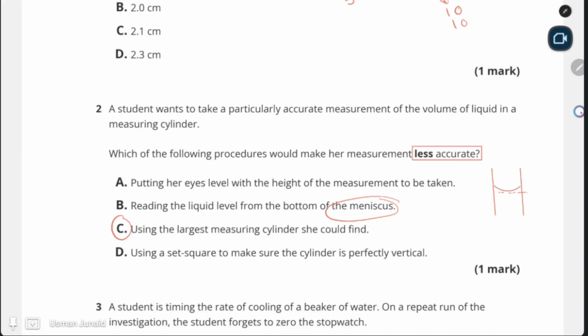It's more accurate when you use a smaller measuring cylinder. When you're using something larger like a beaker, the margin of error increases because there is a larger volume to be occupied. So ideally, you're supposed to be using the smallest measuring cylinder that you can find which is able to take the volume that you are giving it.